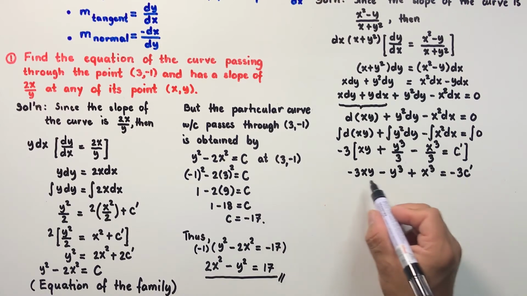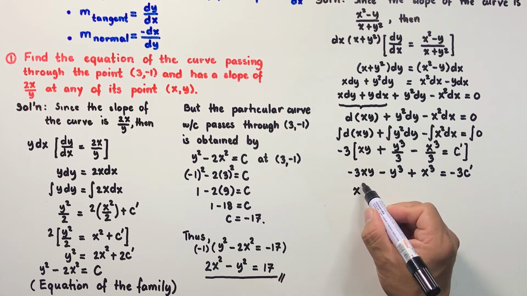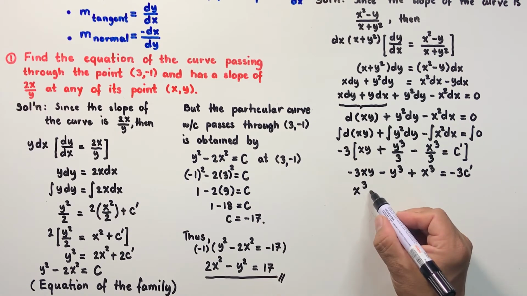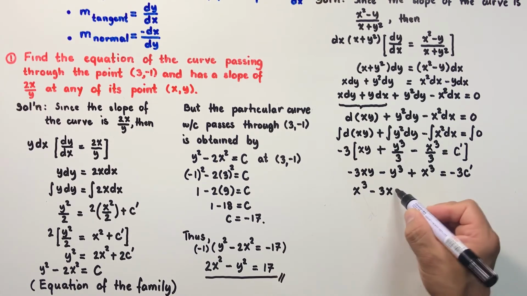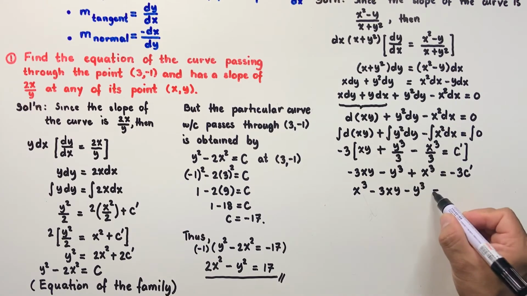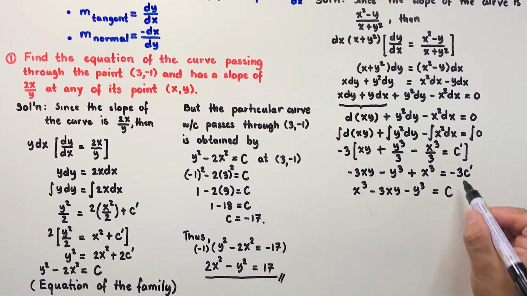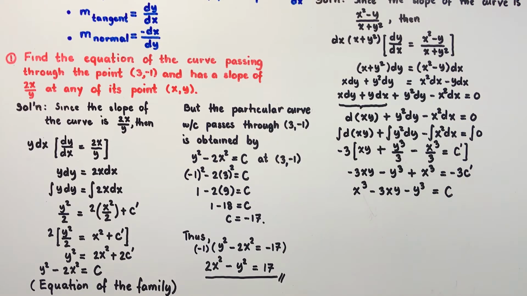Rearranging the terms so that the first term is x cubed, we have x cubed minus 3xy minus y cubed, which is equal to c, because -3c prime is just a constant. And now we already have the equation of the family of curves.